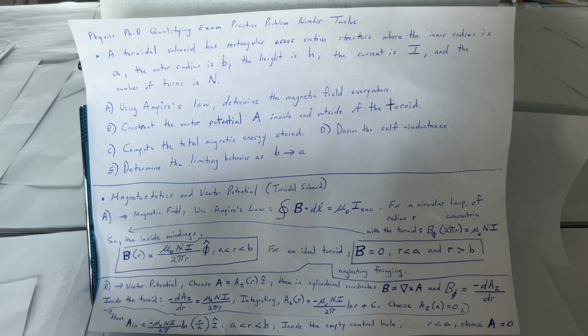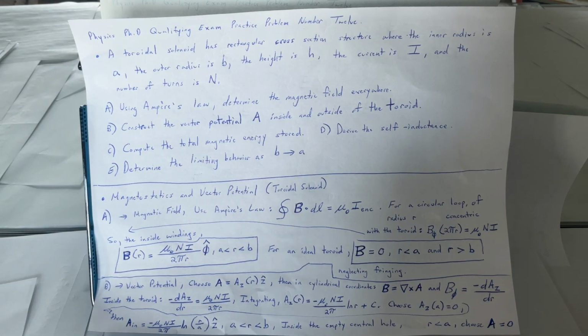For Part B here, vector potential, we choose A equals A sub z of r z hat. Then in cylindrical coordinates, B equals del cross A, and B sub phi equals negative dA sub z dr, that derivative there.